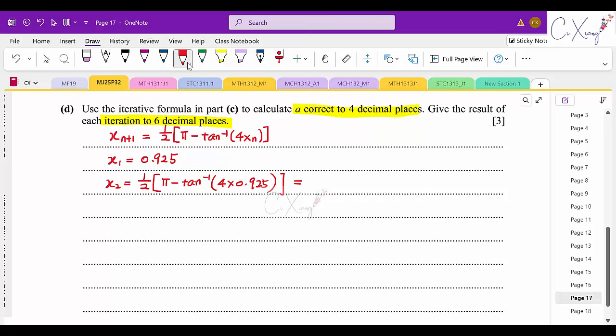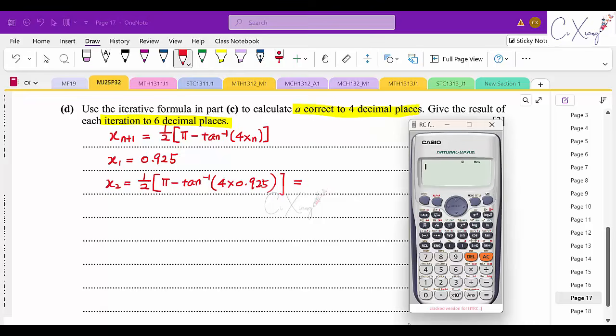Okay, then to make our life easier, of course, we prefer to key it into the calculator. Let's try. I'm having something divided by 2, so I put it as a fraction first. Then the bottom part is a 2. The top one will be pi. So pi minus tangent inverse of 4x.